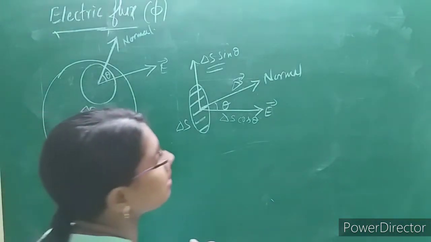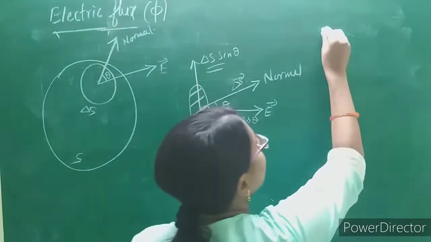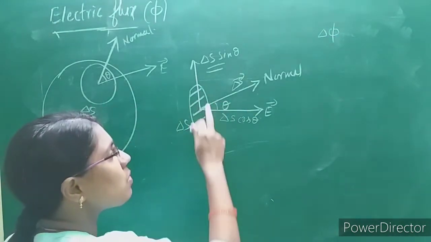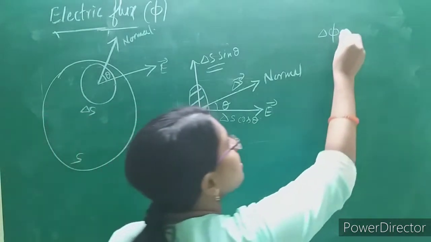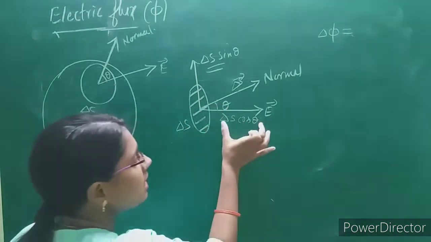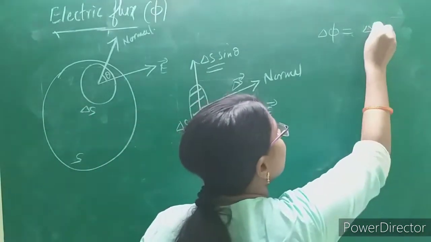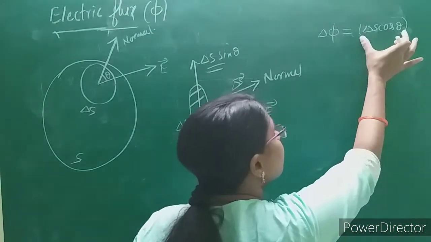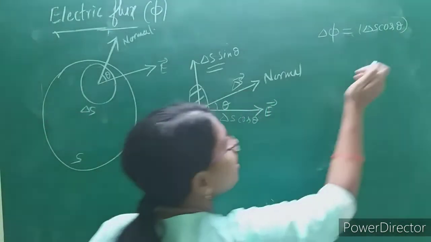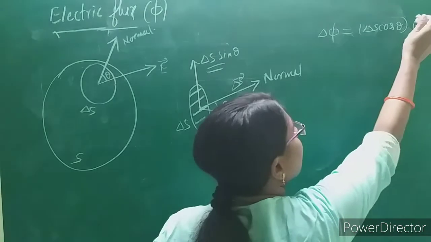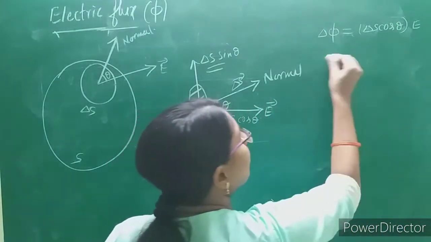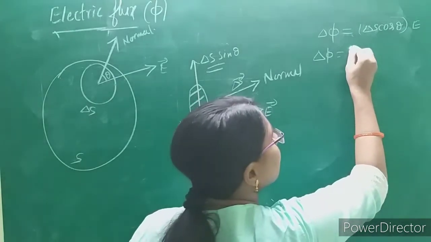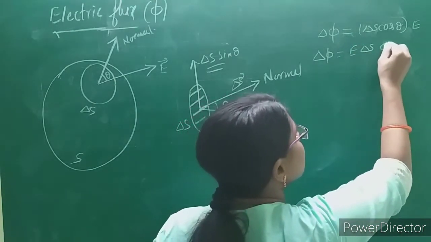Now, the electric flux passing through this small area element, delta phi, is given by the area delta S cos theta times the field at that area, E. So we write delta phi is equal to E delta S cos theta.